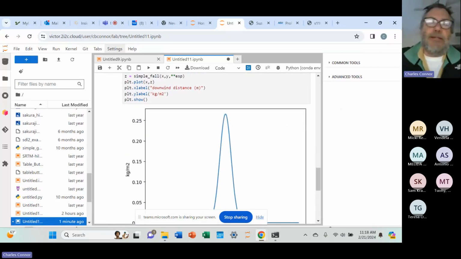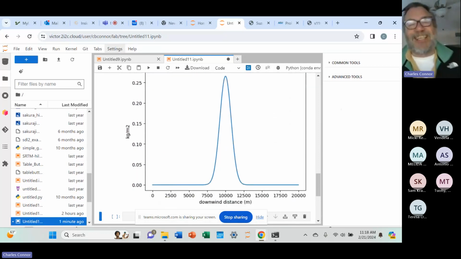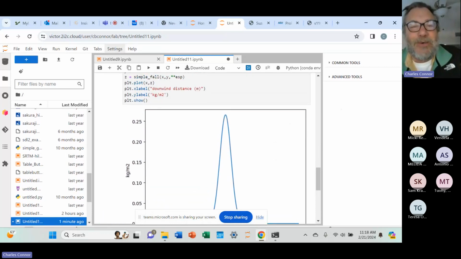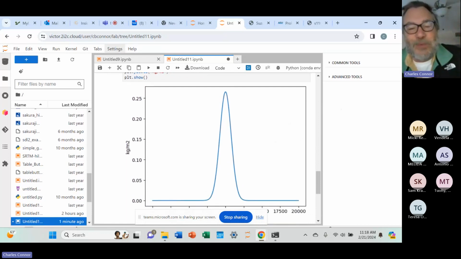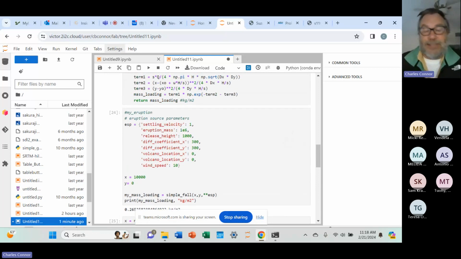Seems okay, but that doesn't look like a tephra deposit to me. Essentially, in the world of our physical model, we're dropping particles all of one settling velocity, 1 meter per second.